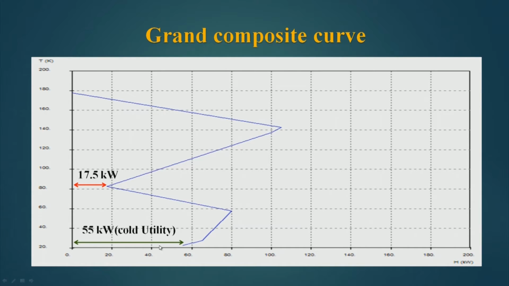Here the cold utility requirement is 55 kilowatt, given by this distance, and this distance shows how much heat is passing through the pseudo pinch area.